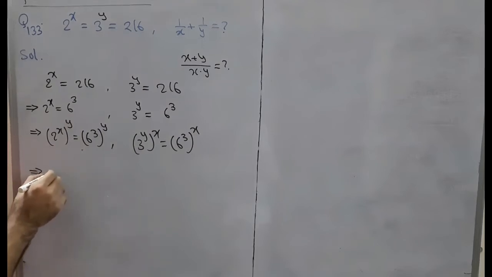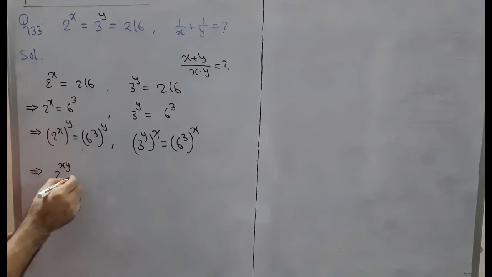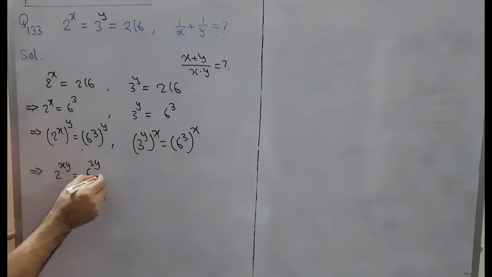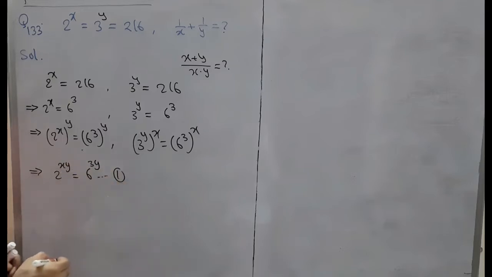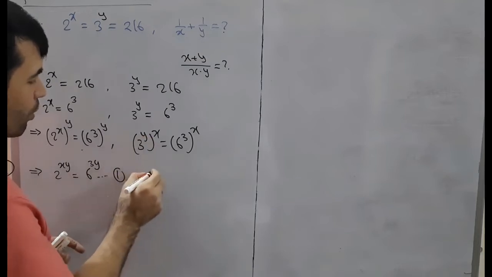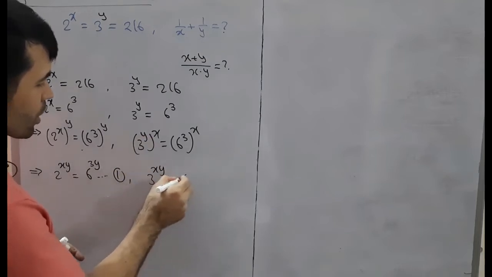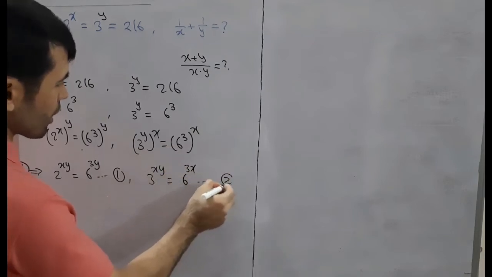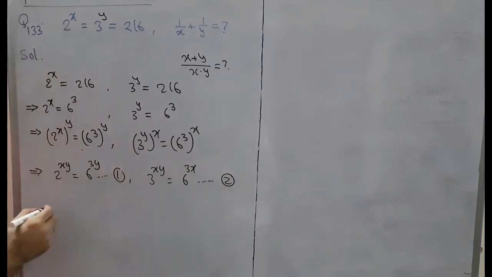This implies 2 to the power xy is equal to 6 to the power 3y. It is called relation 1. 3 to the power xy is equal to 6 to the power 3x. We call it relation 2.